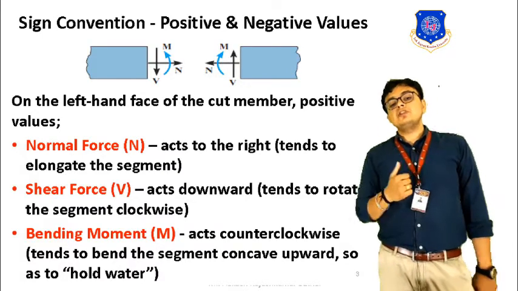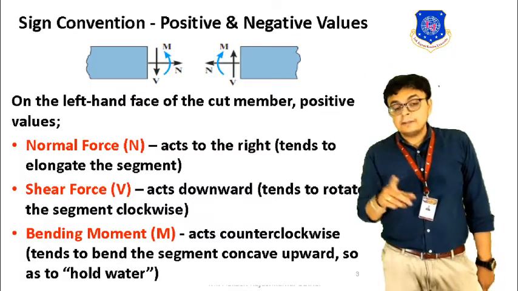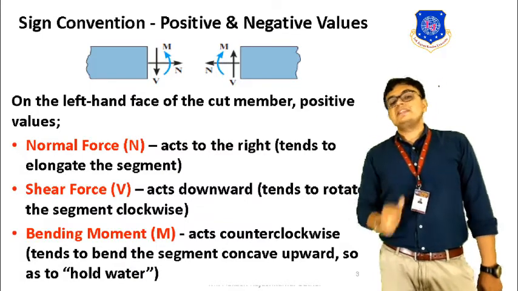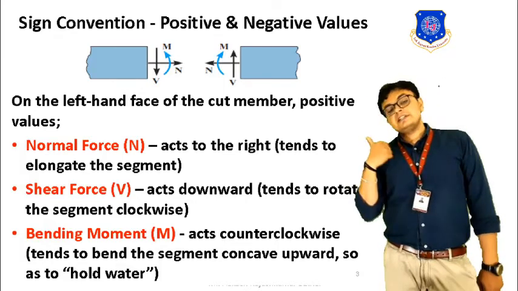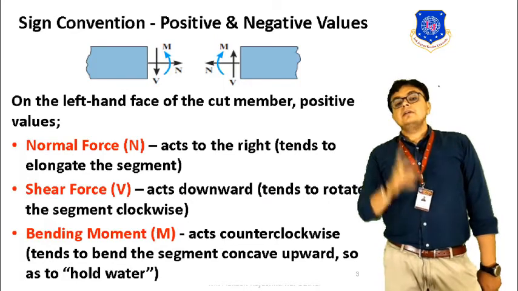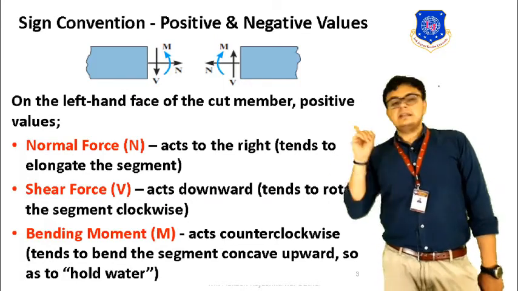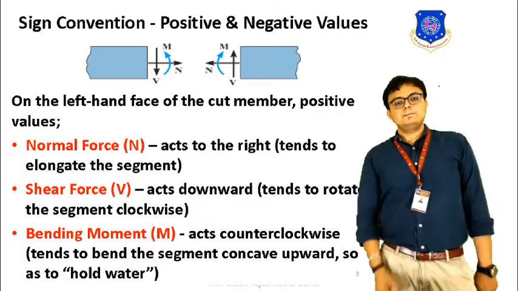We also have the shear force in the downward direction, that tends to rotate the segment in the clockwise direction. You can see over here there is a V in downward direction. Over here we also have the bending moment whose direction is counterclockwise, that is anti-clockwise. So that will be termed as the positive sign.